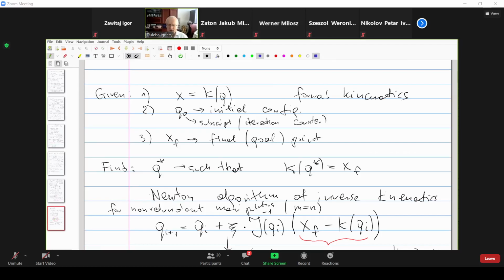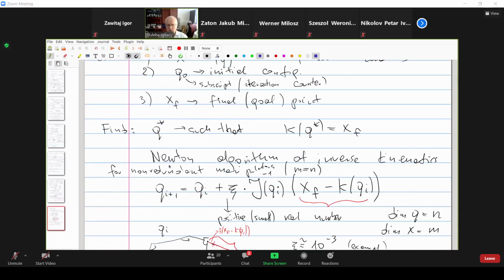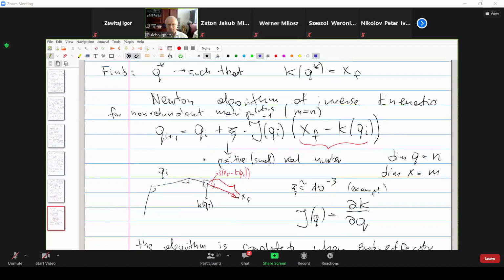For non-redundant manipulators, we are using the Newton algorithm, which allows us to calculate consecutive configurations based on this equation. The algorithm needs to calculate the Jacobi matrix, and the Jacobi matrix is quite easy to calculate. It works quite well only in the case when this matrix is invertible.